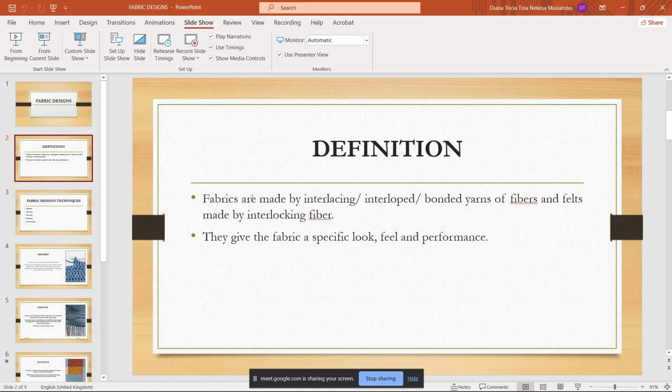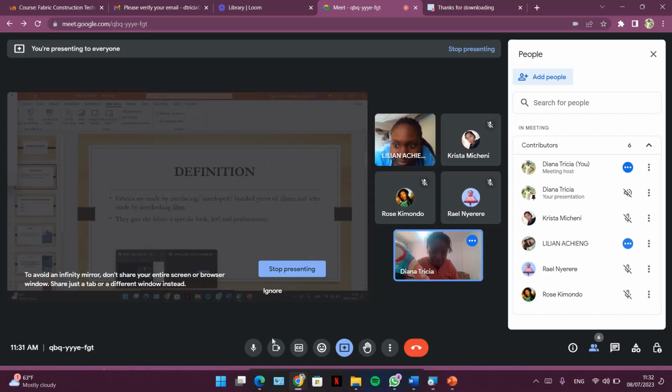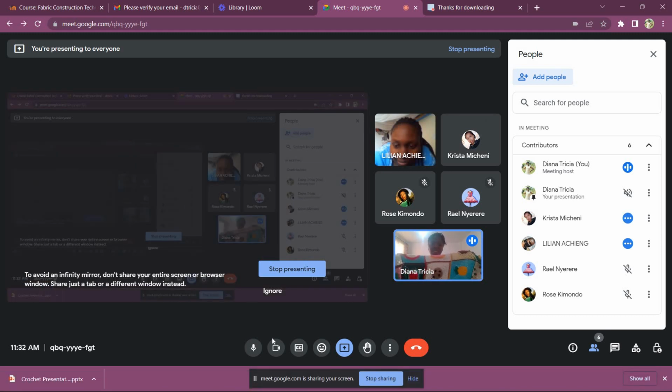From the samples I've shared, I'm sure you can tell what technique this is. Rose, can you tell me which one this is? Which technique is this?